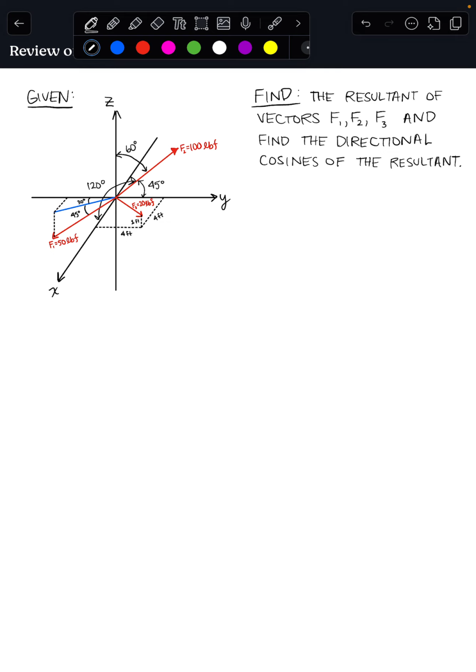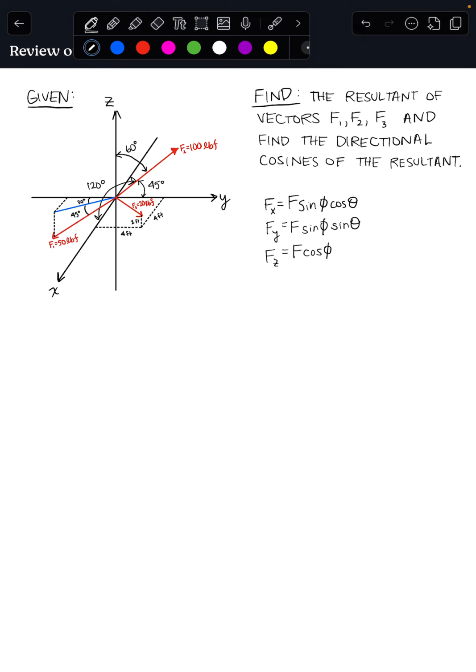So if I recognize that, then I can write my equations for the spherical coordinates of vector F, and those equations are Fx equals F times the sine of phi times the cosine of theta. Fy is equal to F times the sine of phi times the sine of theta, and Fz is equal to F times the cosine of phi.